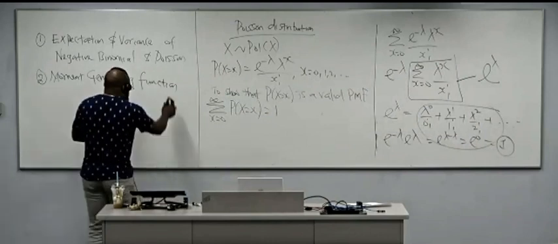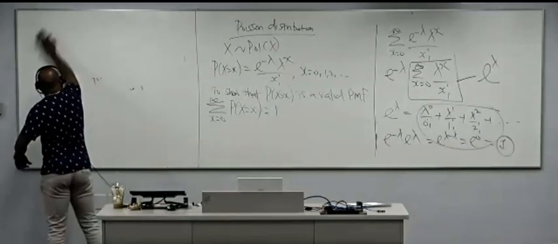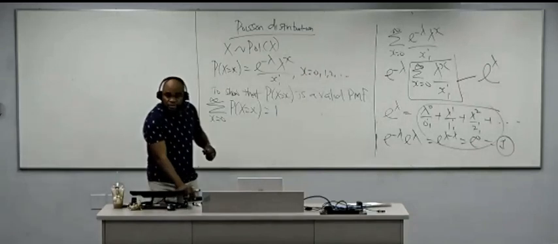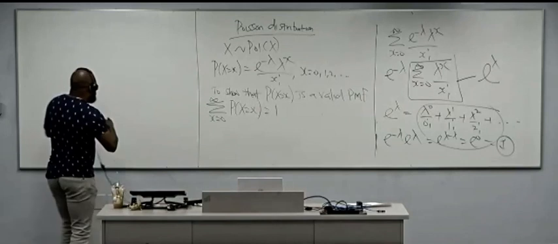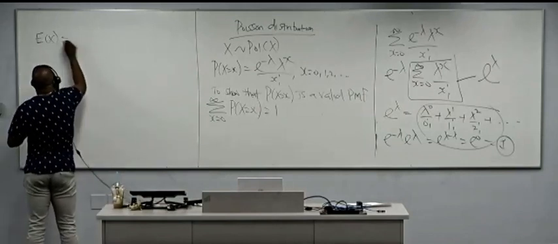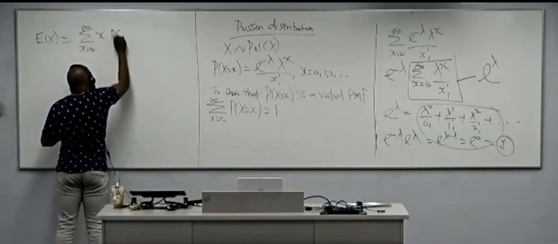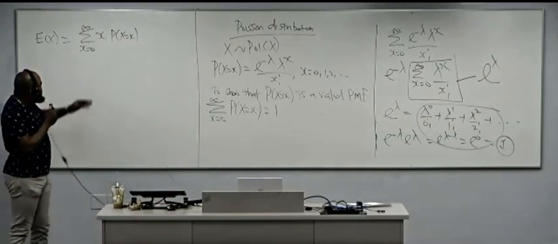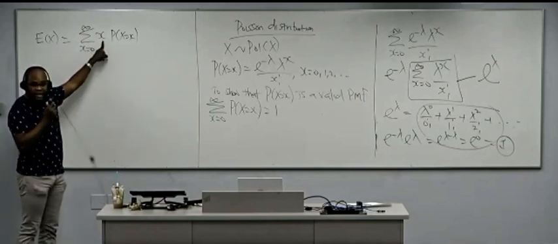Now the next thing that I want to do is, can we find the mean and the variance of a Poisson distribution? Okay, now, if I want to find the mean, it's going to be the summation from x equals 0 to infinity of x times the probability of x. Don't forget, expectation of a discrete random variable, when you have an x, there's going to be x.